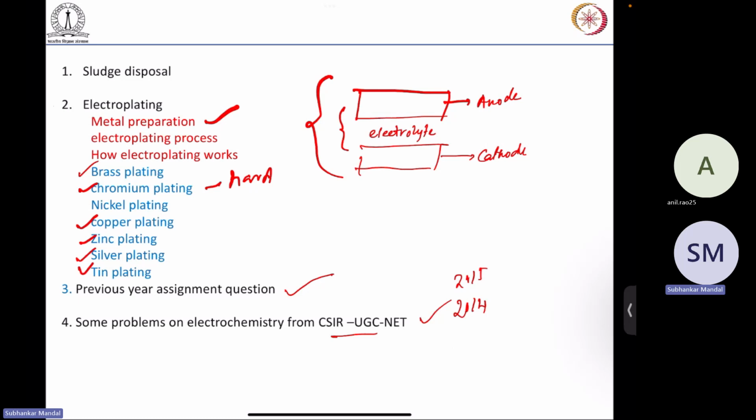Today we will first discuss the assignment questions, and before that, recall some of the parts related to the assignment, then go to the questions.